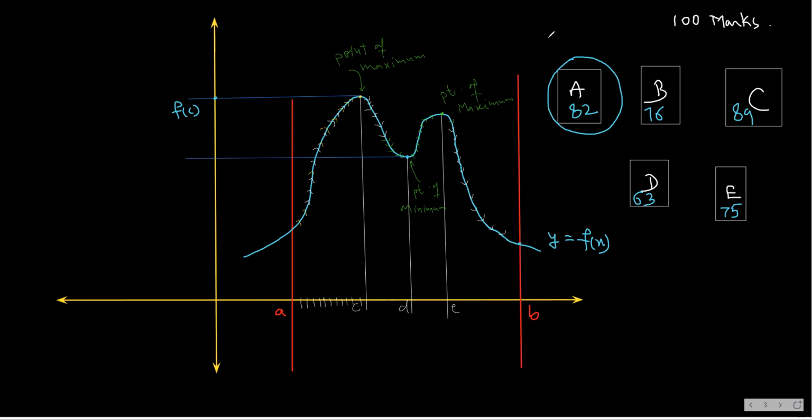Say in each division there are 30 students, right? So what we can say here is that amongst these 30 students, the one who got 82 is the maximum. And amongst these students, 76 is maximum.